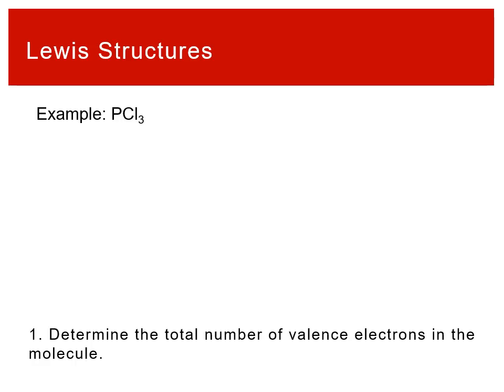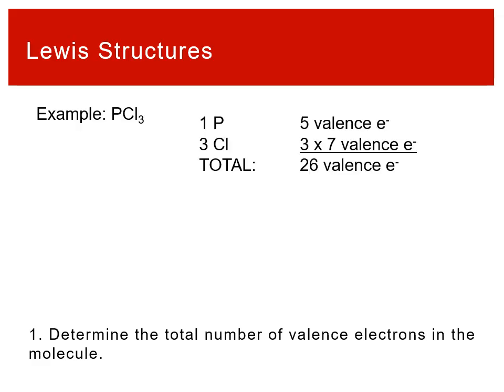You can't have the right bonding pattern. So I have 1 phosphorus, that's 5 valence electrons. I have 3 chlorines. Each one brings in 7 valence electrons for a total of 26 valence electrons. Okay, so now I know right away that at the end of the day, I better use 26 valence electrons.